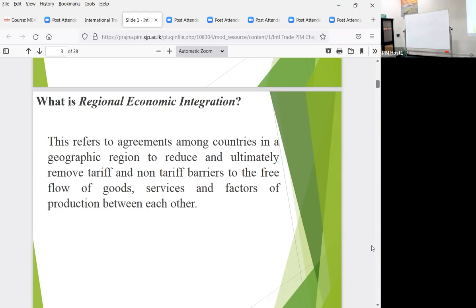By doing regional integration, these factors of production can move freely between the nations. For example, in the EU, you can move finance or capital from one country to another without any problem. Okay, factors of production.